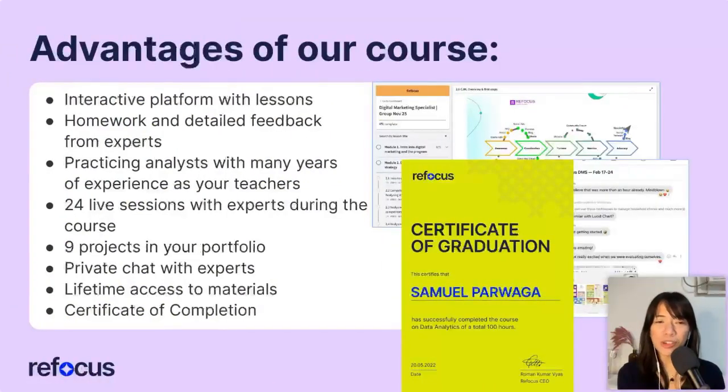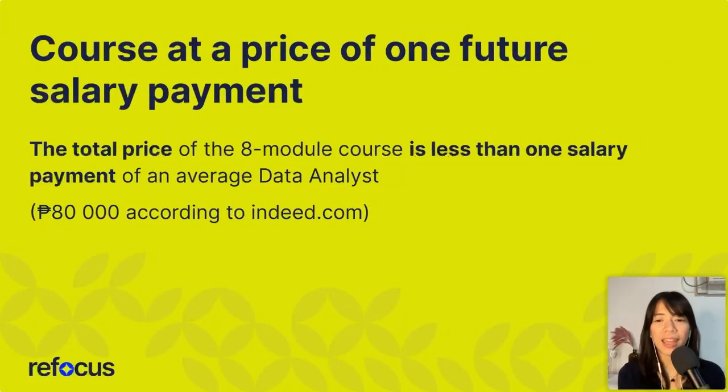Okay, again, let me just show you the quick advantages of our course and we'll get to it. Okay, so what is the price of our course? Our course is actually at a price of less than your 1 month future salary. So if you remember, we were talking about the salaries earlier on, and you can get an average salary of 80,000 pesos per month.